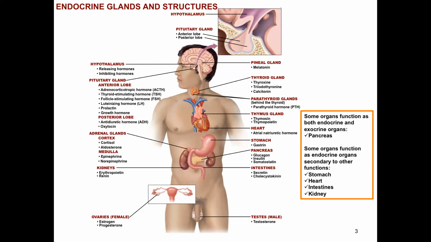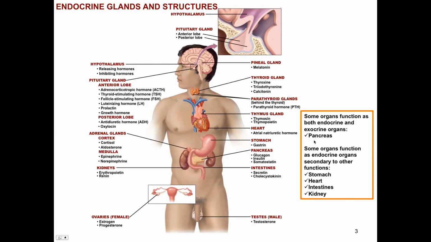You see the stomach; it also releases a hormone in addition to digesting your food. We'll talk about that later, as well as the intestines, and what goes on in the ovaries and the testes. So we're just getting you a grounding here.